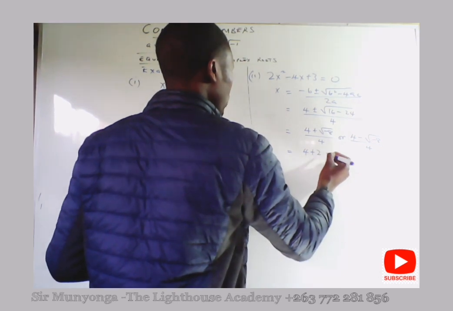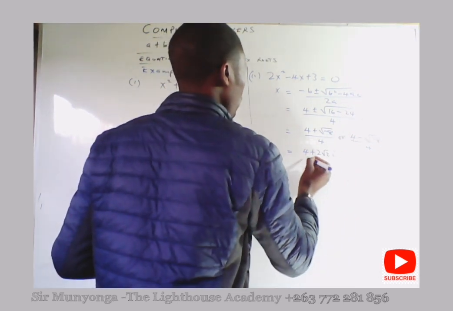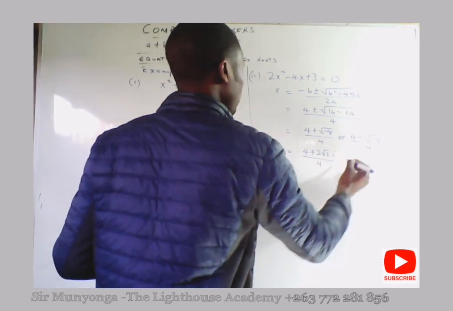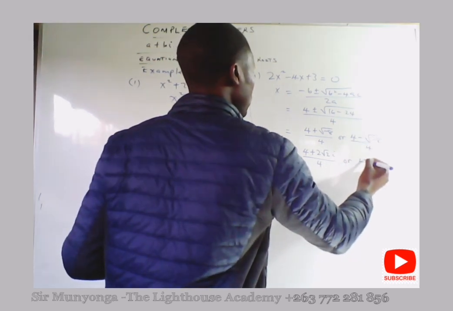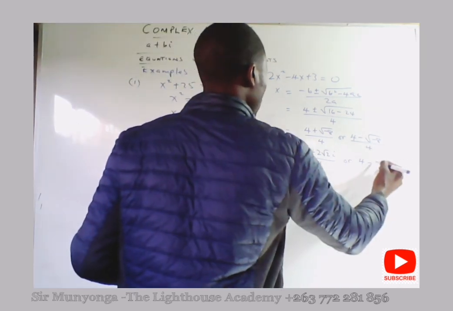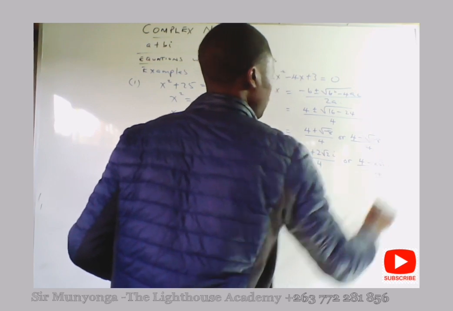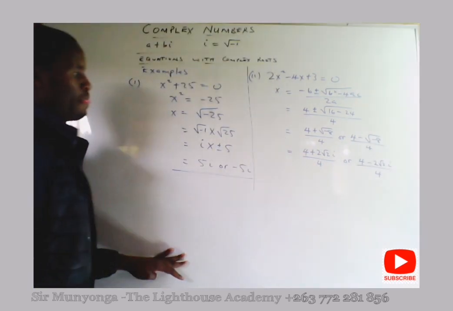So that will give you 2 root 2 i, the square root of minus 1, over 4, or 4 minus the square root of 8, again that's 4 times 2, square root of 4, that's 2 root 2 i all over 4.